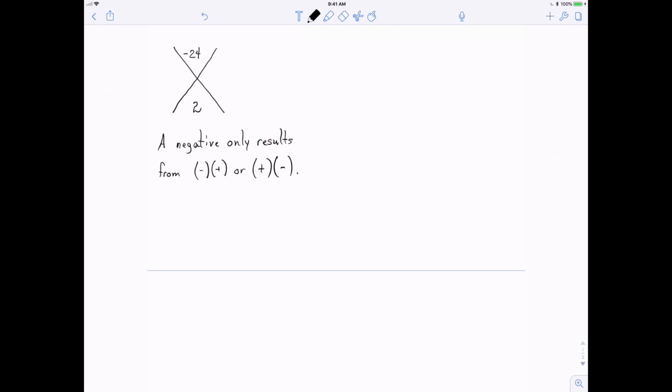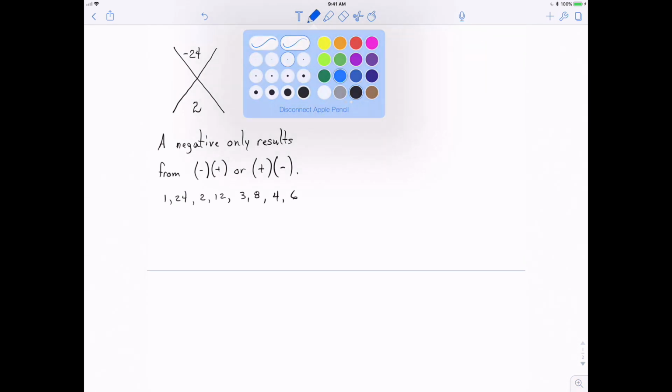So if we return to our results up above, for example, the first numbers in our list were 1 and 24. The next ones we had were 2 and 12, 3 and 8, next, 4 and 6. So let's record our results here.